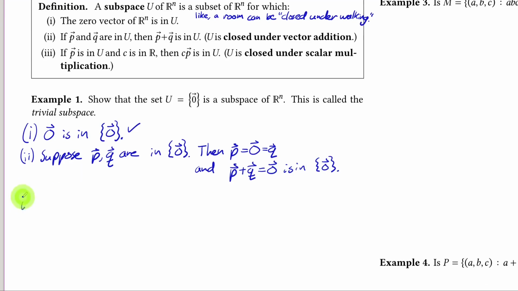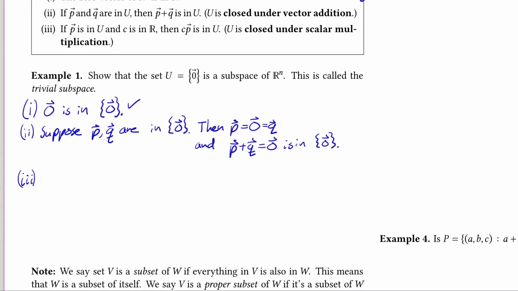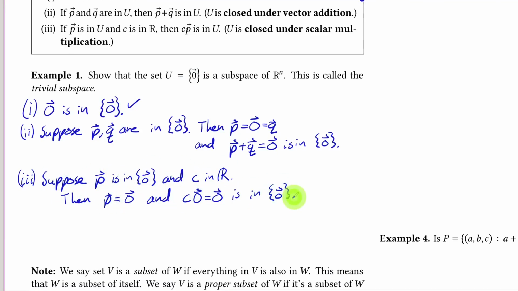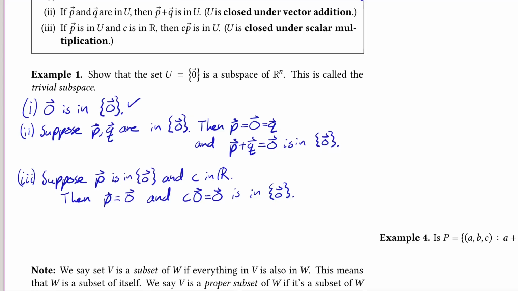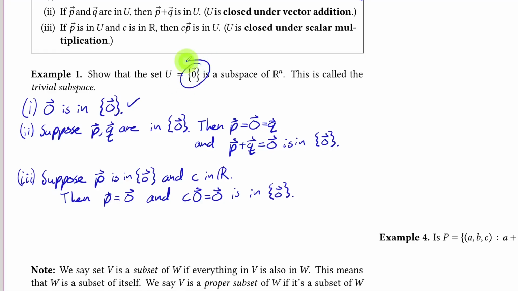Likewise, if you take any vector P and any scalar C and multiply them, the vector P is in the set, so C times P is still going to be 0. Multiplying 0 by a scalar keeps it as 0, so you cannot get out of the set by multiplying 0 by a scalar. You can't get out of it by doing 0 plus 0, so it is closed under these two operations, and that makes it a subspace.